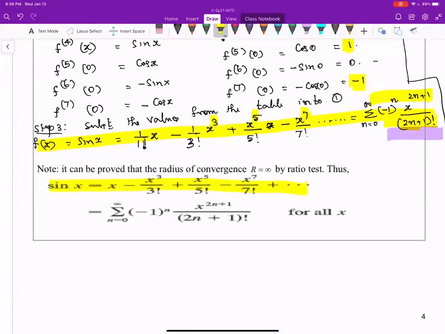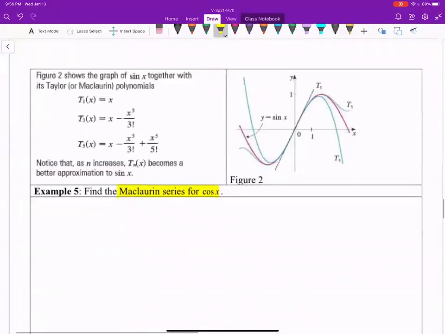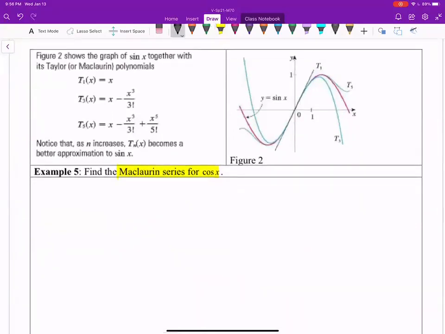And then we can take the derivative of sin x and give the Maclaurin series representation of cosine x. But instead of doing it that way, we can do this problem right from the formula. So we will just do the problem exactly similar to the way we did sin x.